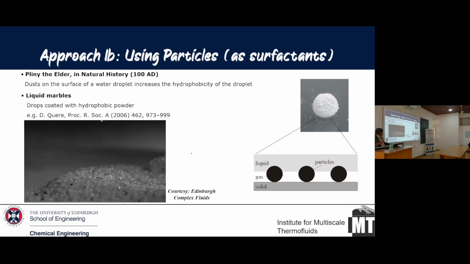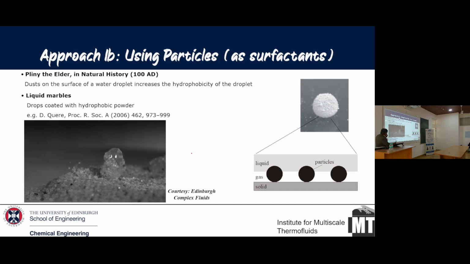this is one of the experiments in the Edinburgh complex fluids group. You can see that this is a water droplet, I think hitting sand. As it splashes onto sand, there is a lot of imbibition, a lot of stuff going on. It picks up a lot of particles, and then it becomes a kind of ball laden with particles only on the surface.